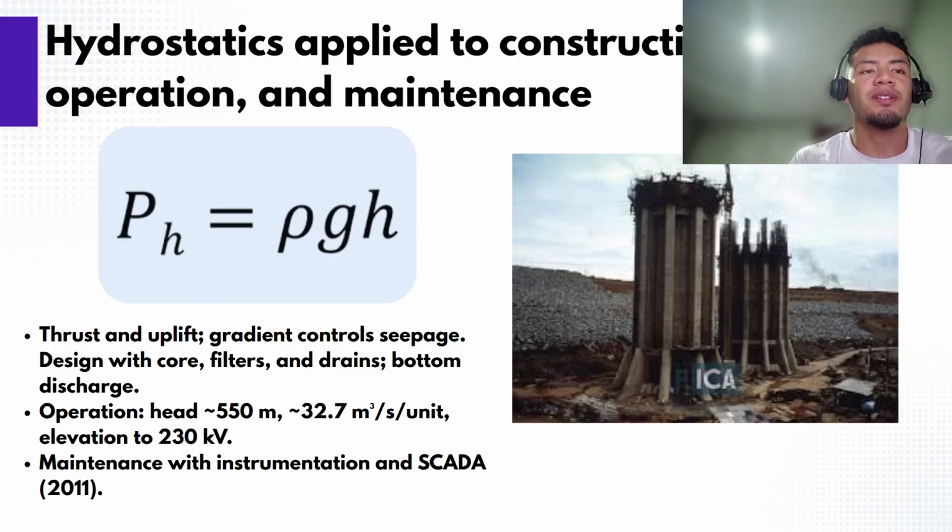Reservoir levels are managed to keep freeboard and to coordinate spillway use during floods. In maintenance, the team monitors settlements and seepage, using piezometers and drain flow, inspects the spillway gates and slopes, controls sediment, and keeps the SCADA system modernized.